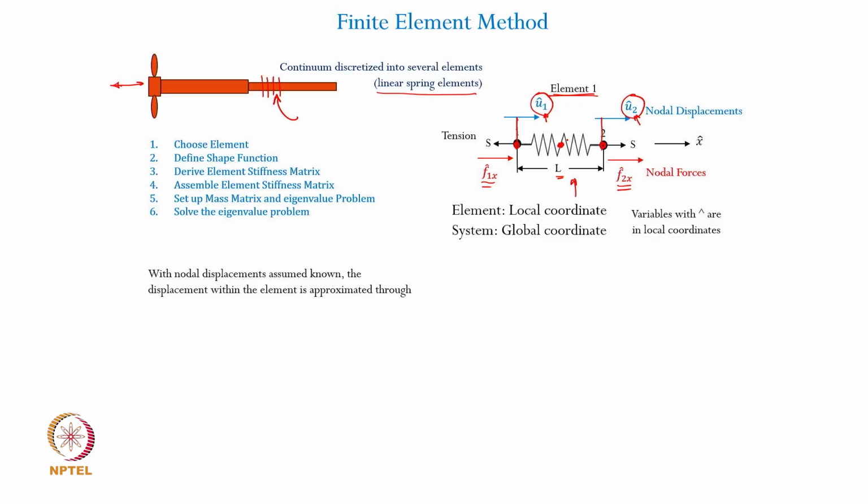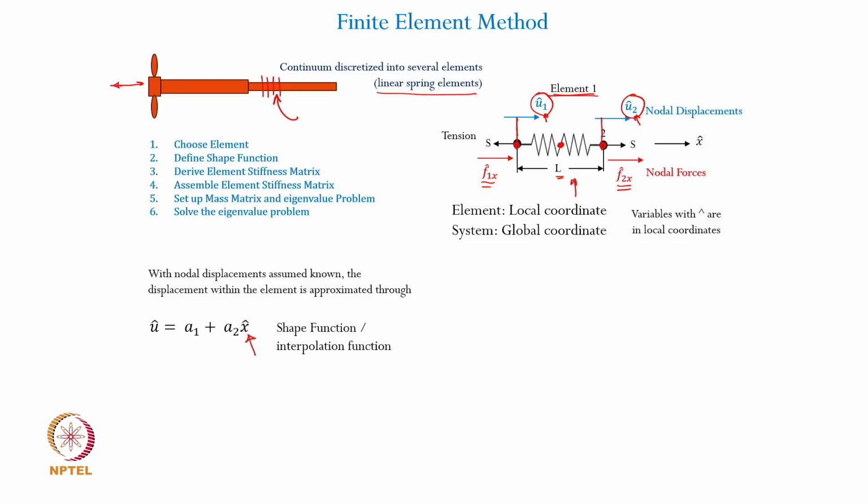So, we define an interpolation function, also called the shape function, so that u cap is the displacement at any position x cap within the element. For a linear spring element, it will suffice to have a linear interpolation function, and so we define this as a1 plus a2 x cap.